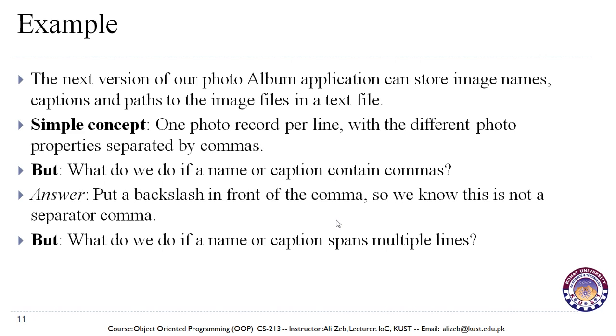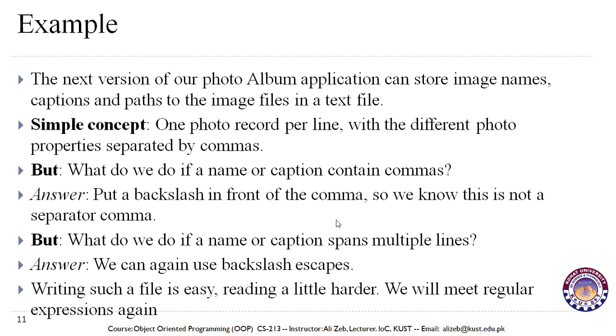But what do we do if a name or a caption spans multiple lines? Again, we can use backslash escapes. Writing such files is easy, reading may be a little harder, and we'll need to go back to regular expressions and how we can use them to read from a file.